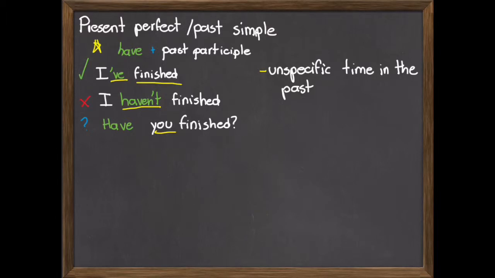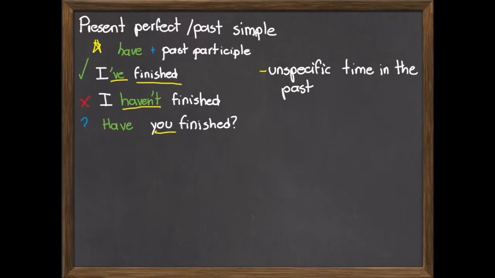That's an action that happened at an unspecific time in the past. Now be careful, because if it's a specific time reference, such as a year, people bought these paintings in 1906, that would be the past simple. You cannot use the present perfect with a specific time in the past.